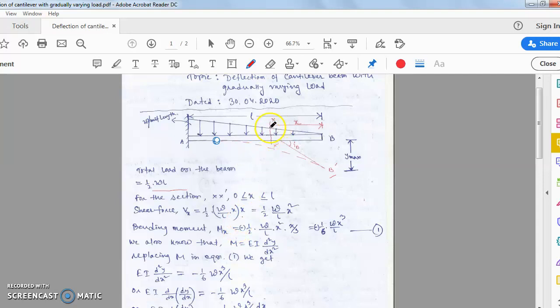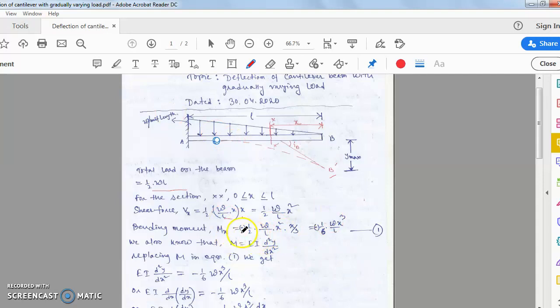As I have already told you in the shear force and bending moment diagram of gradually varying load, at the point L the load is W. For length L the load is W, for length 1 the load will be W by L, so for length x the load will be W by L into x.